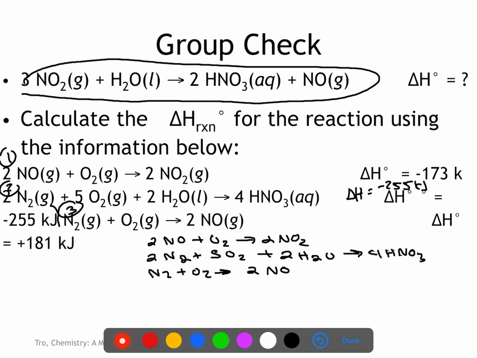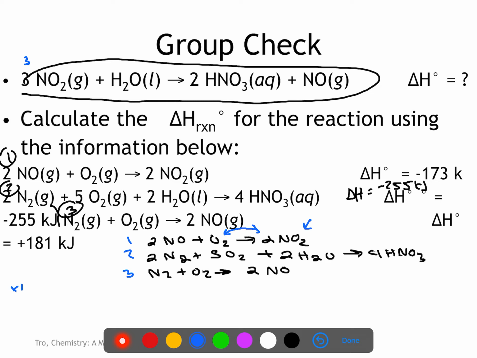Okay, so the only reaction from 1, 2, and 3 that has NO2 is this one. So what I'm going to do is flip this reaction because I want NO2 on my reactant side. Also, because it's the only one that gives me my NO2, I want 3 NO2. So I need to figure out what I can do to 2 moles of NO2 to get 3. That's multiplying by 1/2.